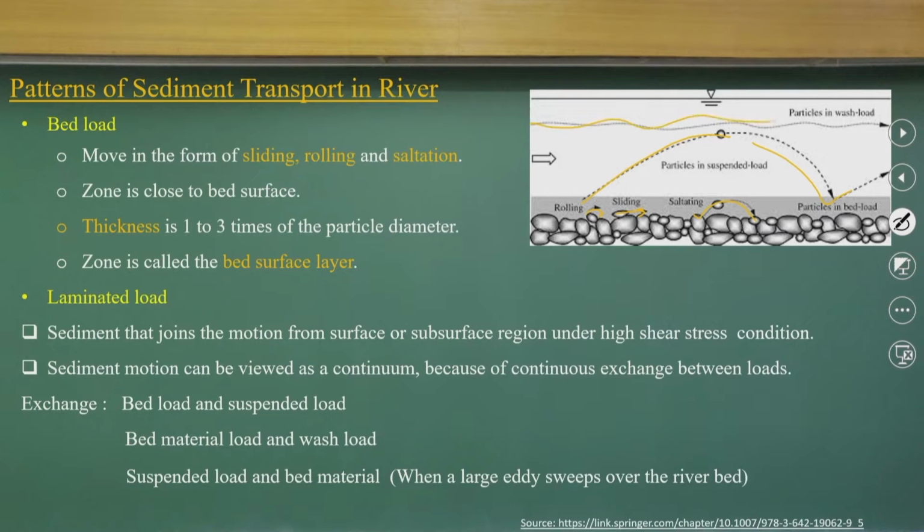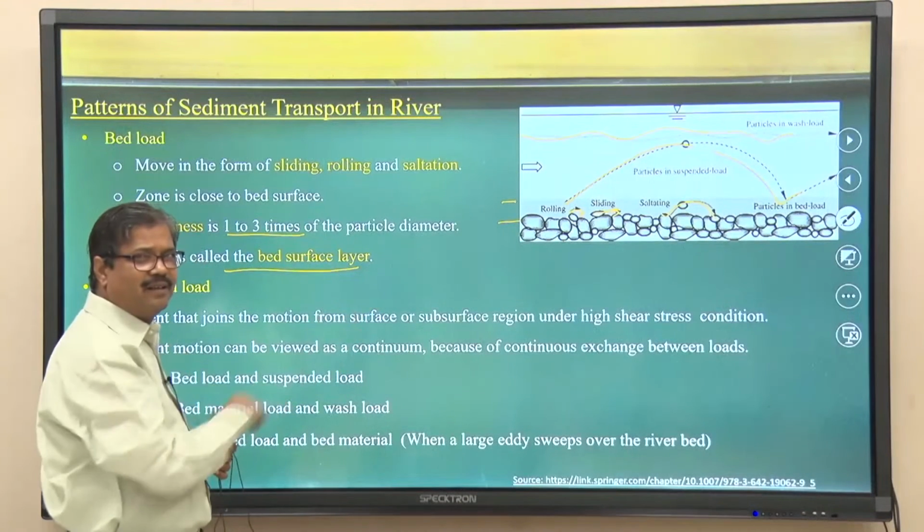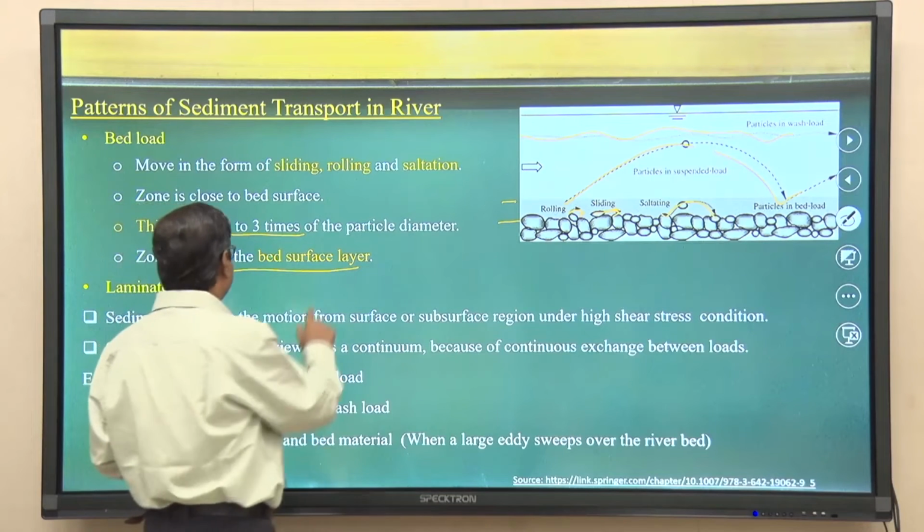If you track the particles, it just goes through at the suspension level and doesn't participate in the full process of deposition and erosion of the river bed. This thickness is 1 to 3 times the particle diameter. This zone is called the bed surface layer. It is a thin layer where the bed load moves.